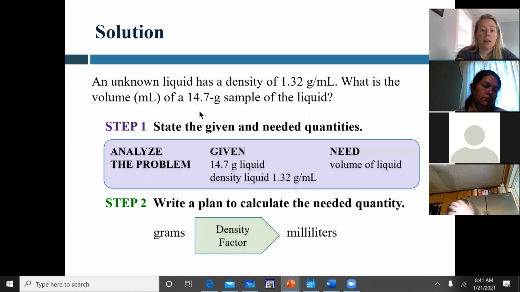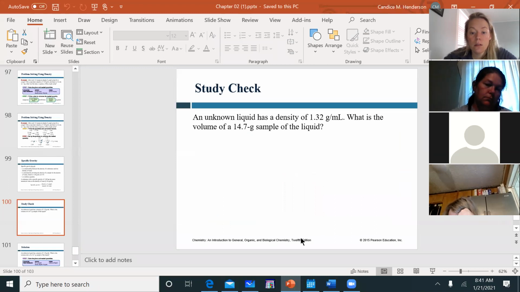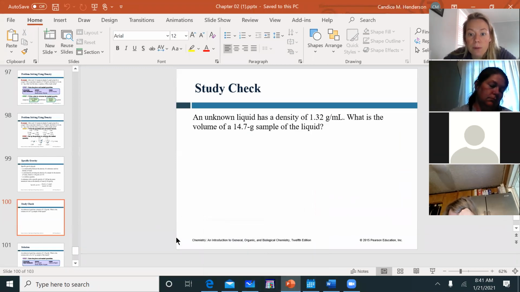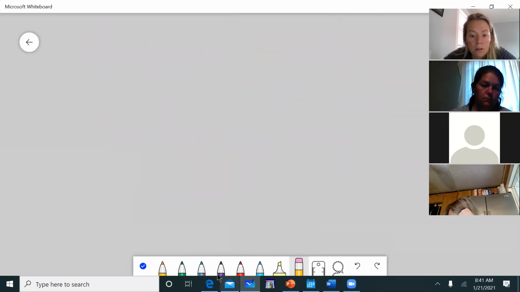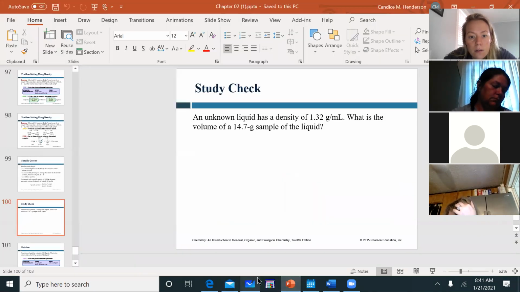I'm gonna walk you guys through this in 2 separate ways. So go ahead and write the information down. We've got 1.32 grams per milliliter and 14.7 grams.